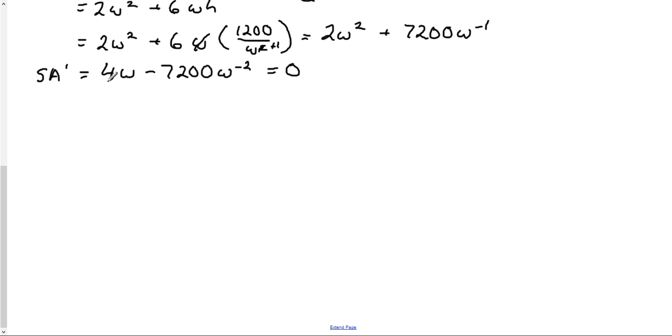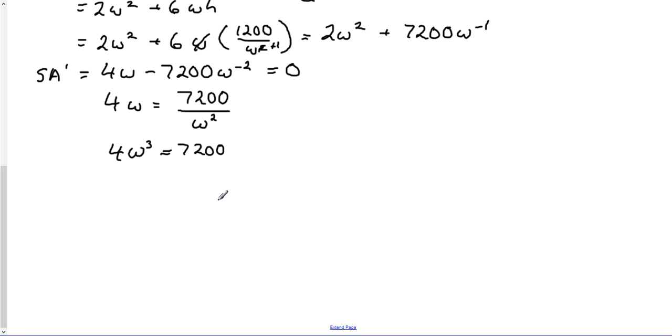So let's see, we can have 4w. I'm going to bring the second term over to the right hand side, and as I do that, I'm going to rewrite the w to the negative 2 as a w squared down on the bottom. And now I can cross multiply by that w squared, so that's going to give me 4w cubed equals 7,200.